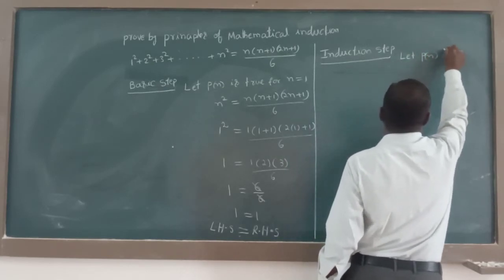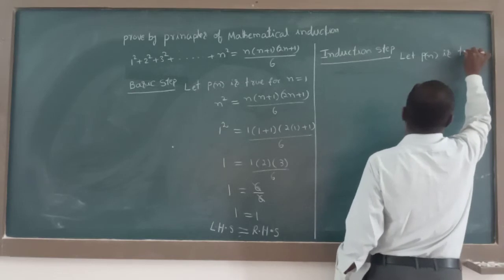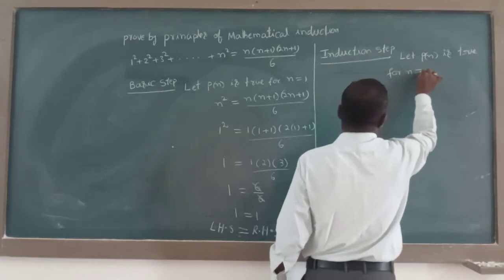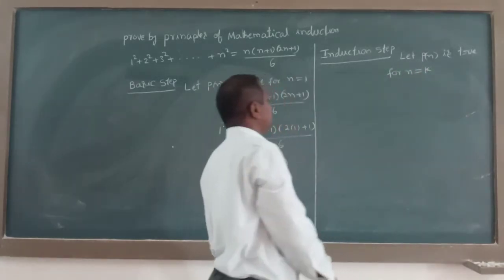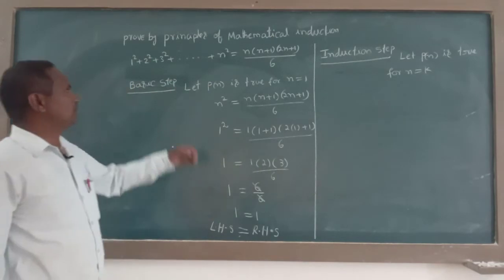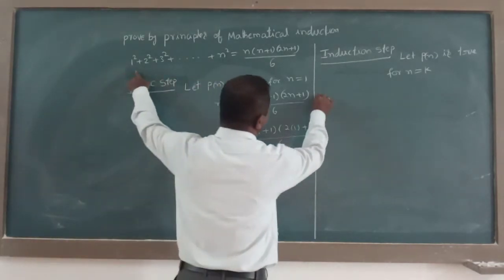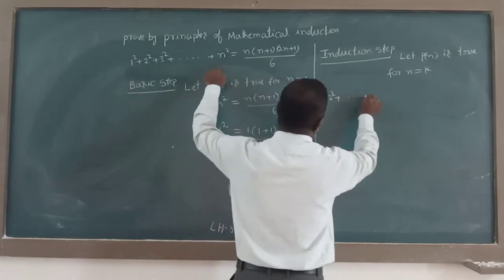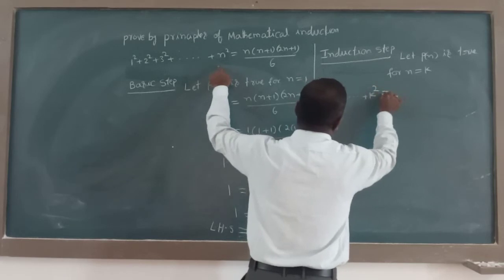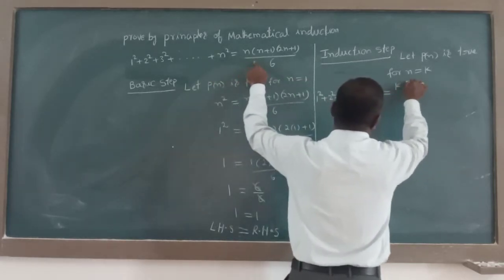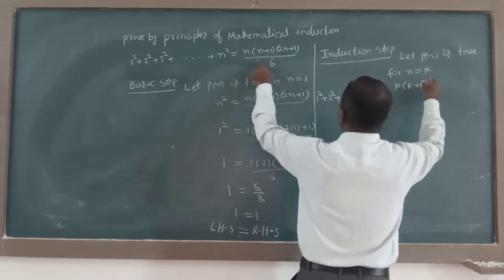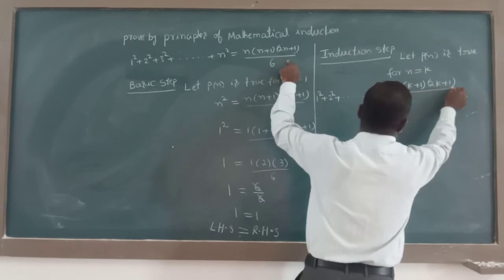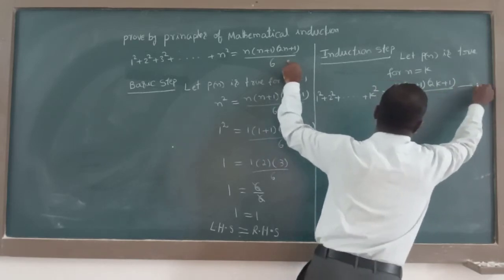Instead of n in the given statement, we substitute k only. That is 1 square plus 2 square and so on plus k square is equal to k into k plus 1 into 2k plus 1 whole divided by 6. We represent this as equation number 1.